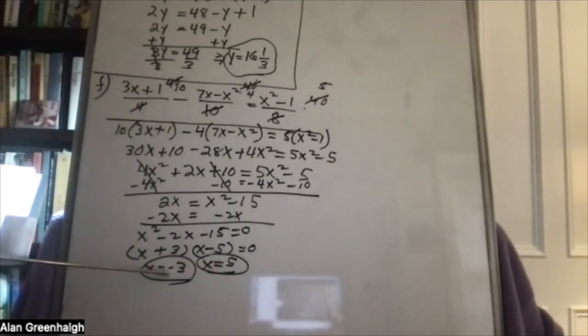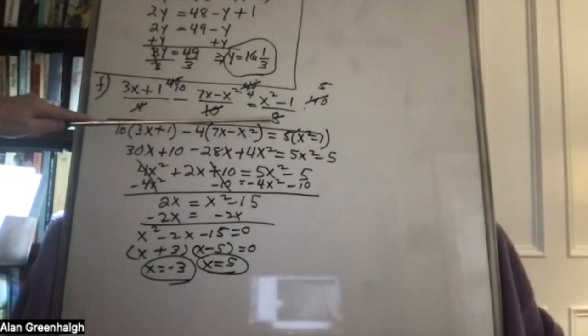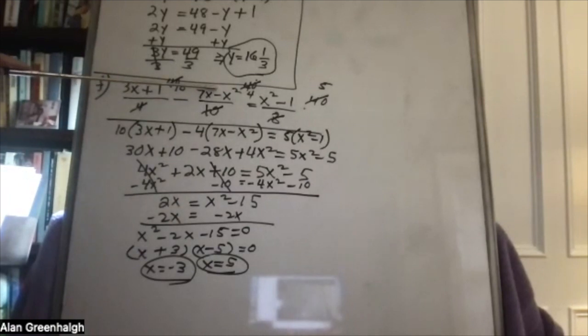Neither one of these solutions will cause a denominator of 0, mainly because the denominators are 4, 10, and 8. So the only thing that could become a 0 would be a numerator, but we don't care what the numerator is when we're talking about fractions. We only care that the denominator is not equal to 0. And that's the reason.